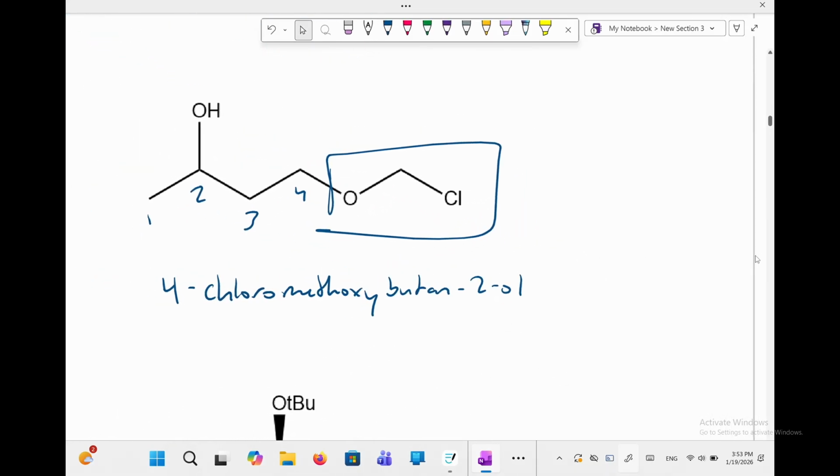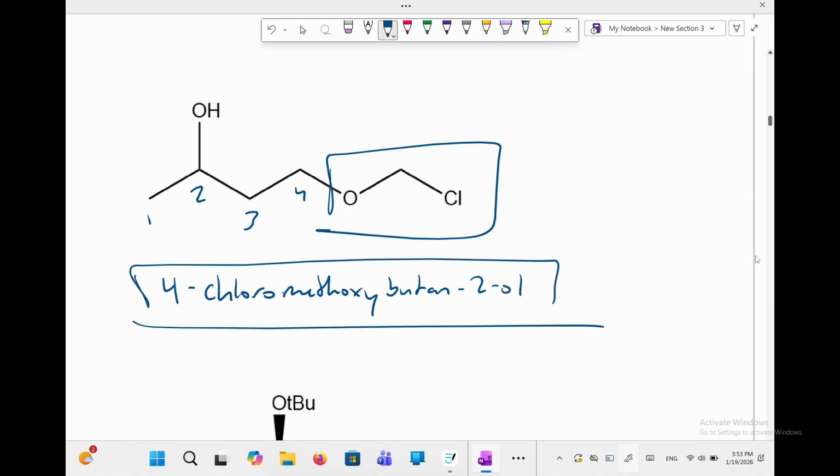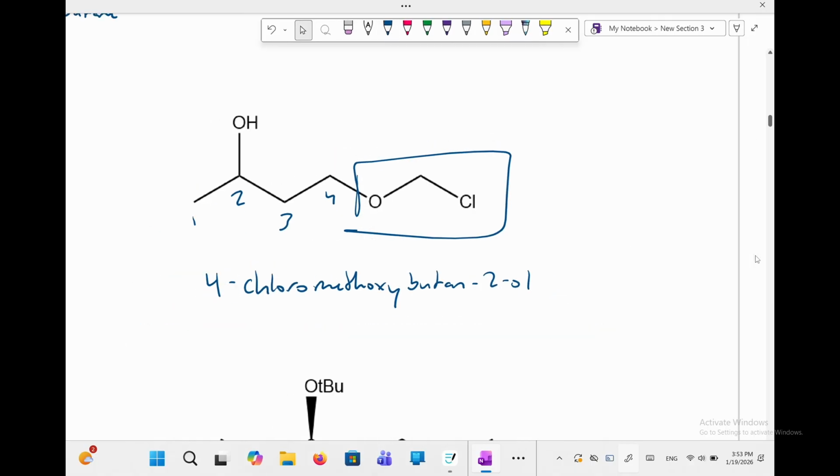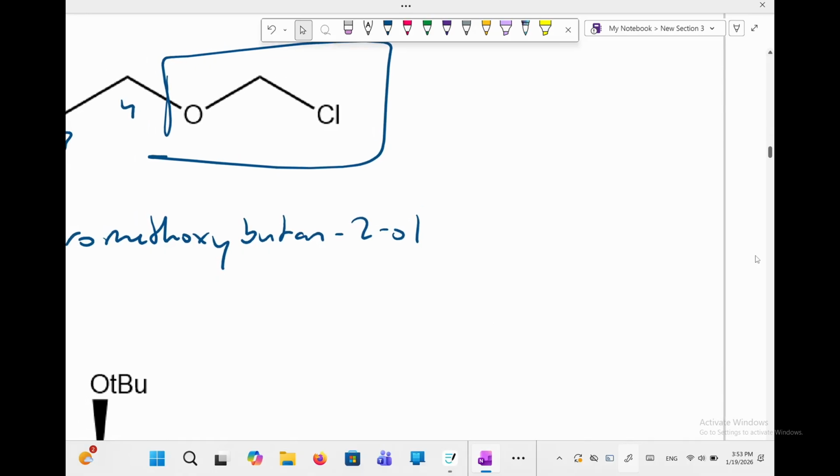Though I believe that this convention is better when you're dealing with things that change the ending of the parent name. So for example, if I had an alkene and an alcohol here, then it changes into, let's see, 3-ene, 2-ol.